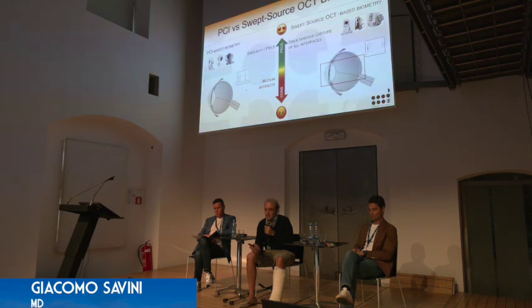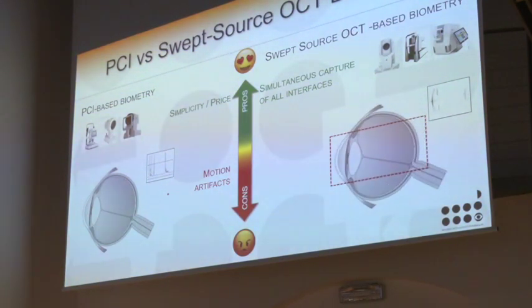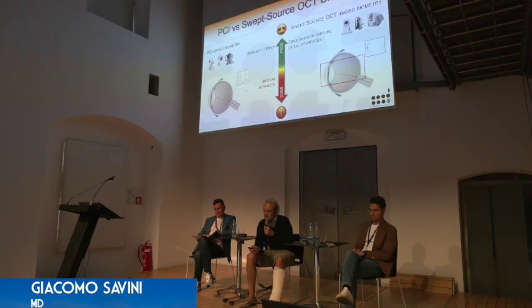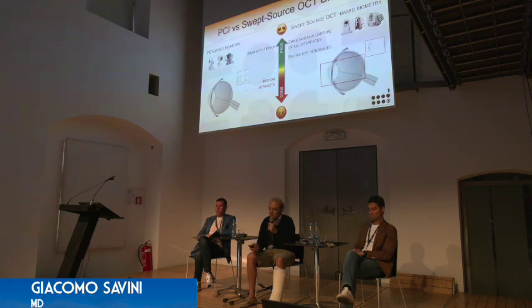And here you see the most recent, the last generation instruments, even if some of them are already 10 years old, or even more than 10. It allows us to take simultaneous images of all the interfaces, and you can see not a simple A scan like with PCI on the left, but you see all the interfaces from the cornea to the iris, the crystalline lens, and finally the fovea.